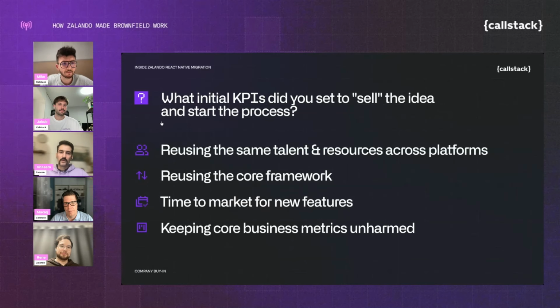Yeah, I think one point to add is that on core business metrics, the idea was that we are not doing this migration to just immediately improve, for example, time to render something on a specific screen, right? Or increase the click-through rate of a specific element somewhere else. So the idea was that this is inherently more of a technical migration.